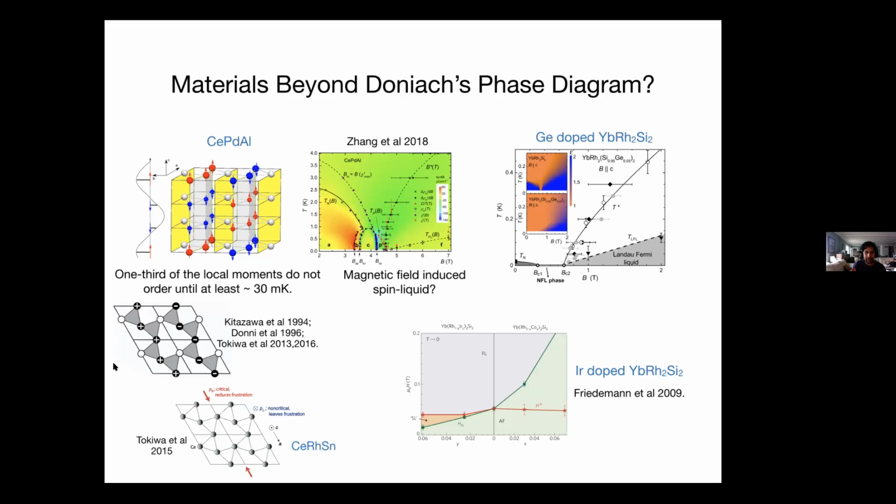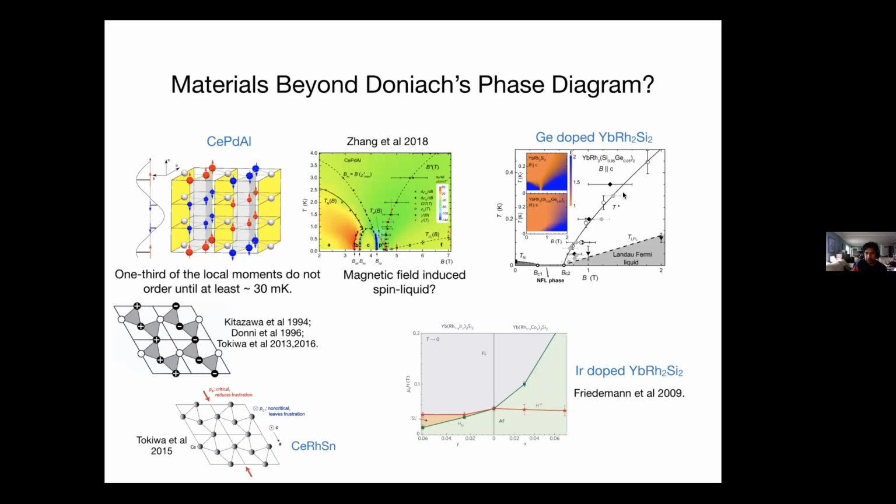Some of the things people have found are what seem like partially Kondo-screened phases, where they found on a Kagome lattice, for example, some spins order, but some seem to be completely paramagnetic, if you like. They kind of don't have any local spin left. So either they are Kondo screened and perhaps maybe they form a spin liquid. No one knows really, and it's not conclusive. But recently there have been claims it may be a spin liquid in some regime after you apply some magnetic field, in this material, cerium, palladium, aluminium.